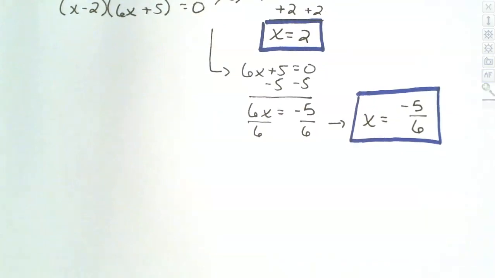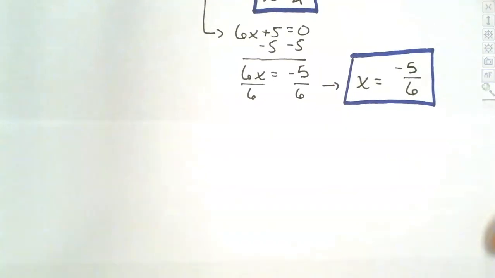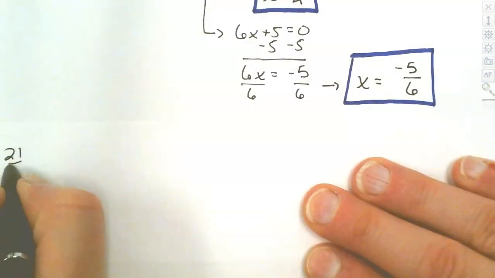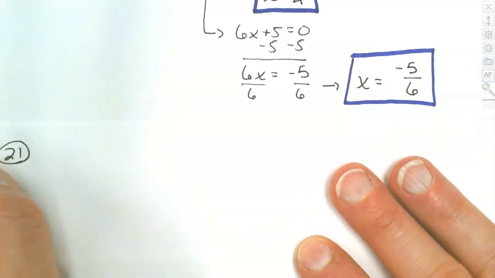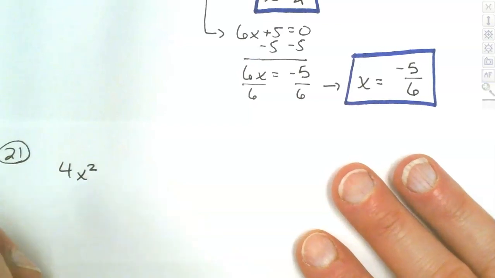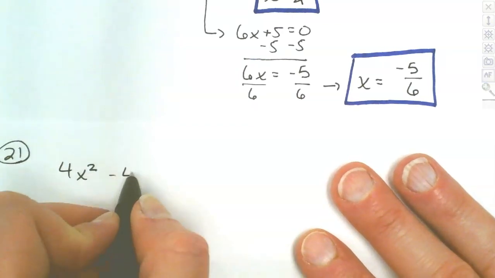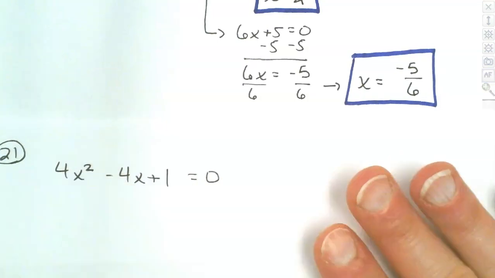Question 21. For question 21, we have a 4x squared minus 4x plus 1 equals 0.